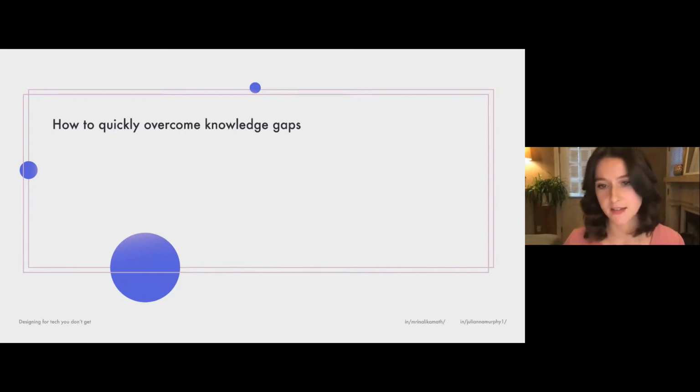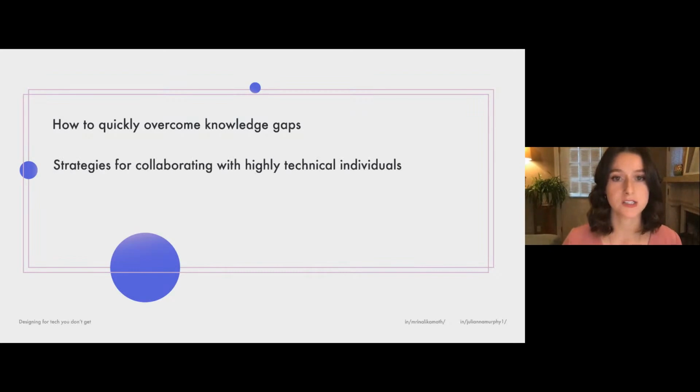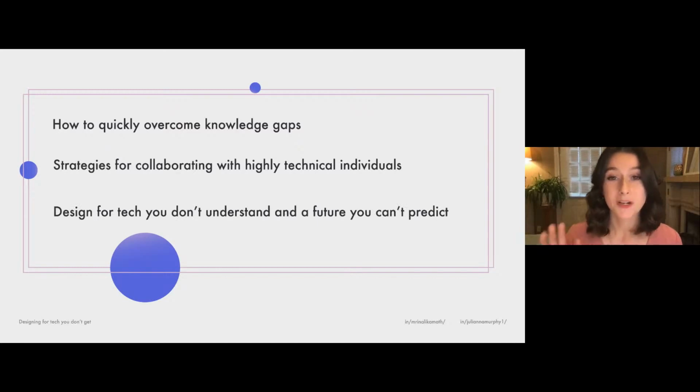That being said, there are a lot of things we've had to learn the hard way that we wish someone had told us a lot earlier, which is why in this talk, we want to share with you how to quickly overcome knowledge gaps. We're going to share some strategies with you to help you collaborate more successfully with highly technical individuals. And we're going to help you design for tech you don't fully understand and a future you can't predict.